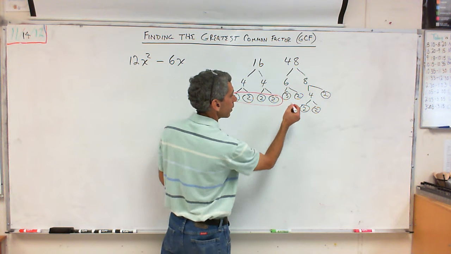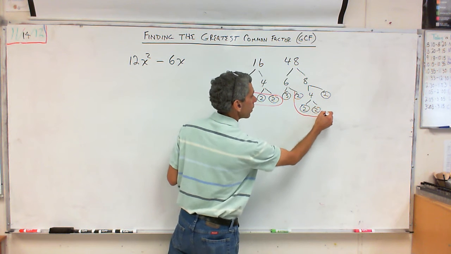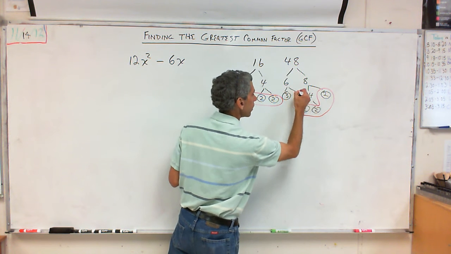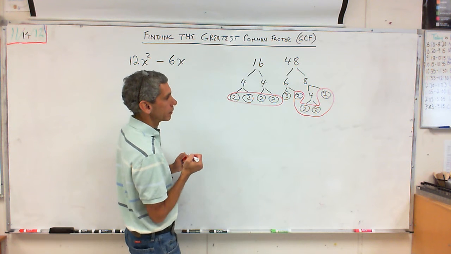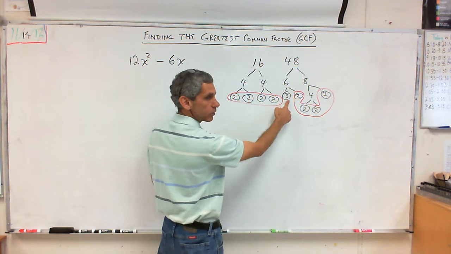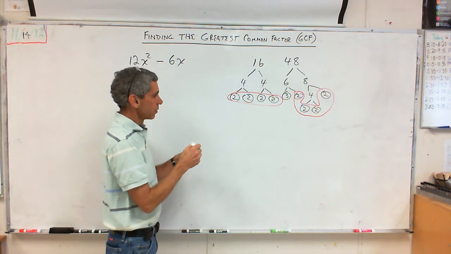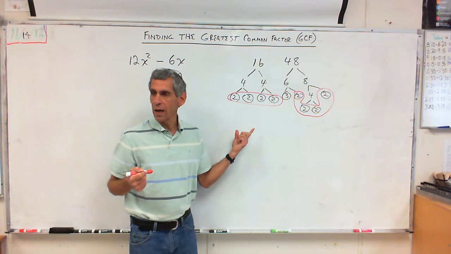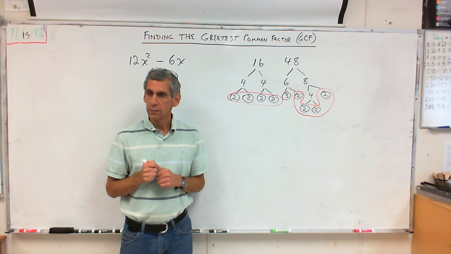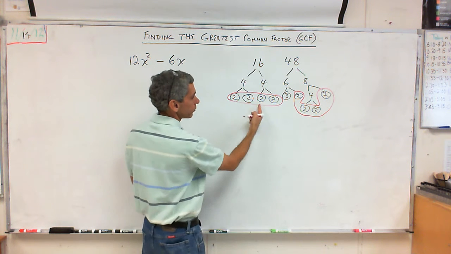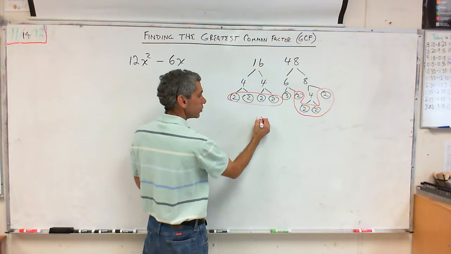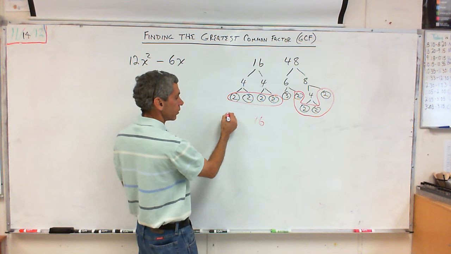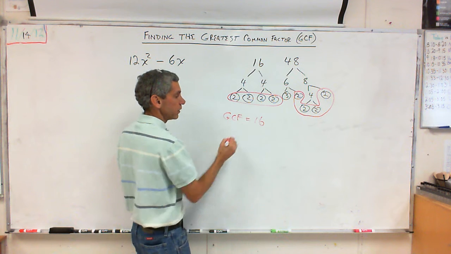There's four 2s there, and four 2s here, right? This one still has a 3, but there isn't a 3 in the 16. So what is my greatest common factor then? 16. 2 times 2 times 2 times 2 is 16. So I could say the greatest common factor is equal to 16.